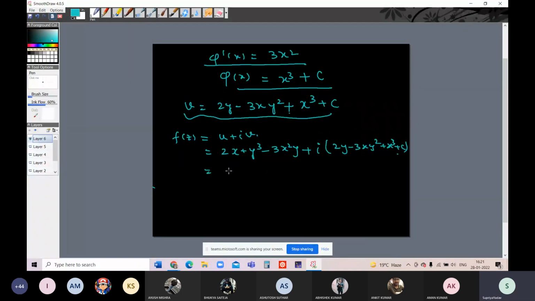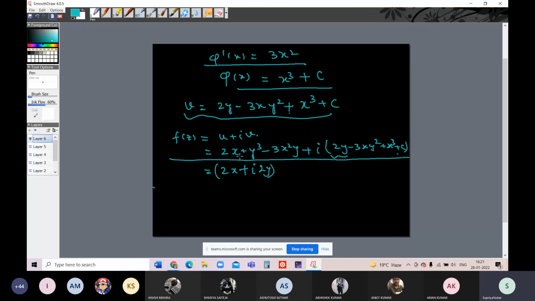This can also be written as 2x plus i times 2y. But we want to write it in the form of z, that's why we are collecting the terms of x and y.